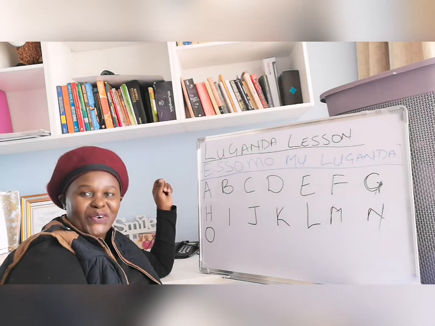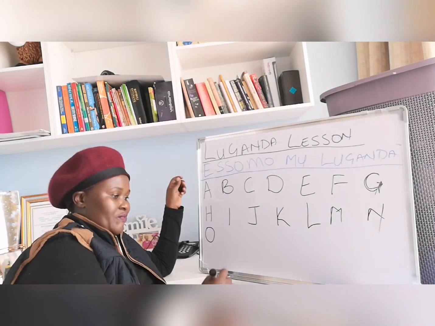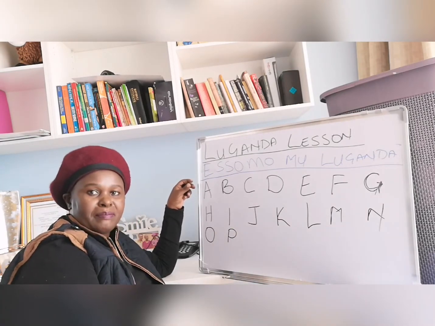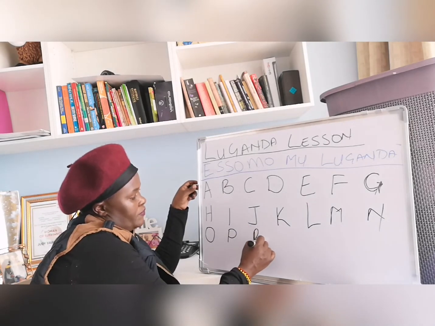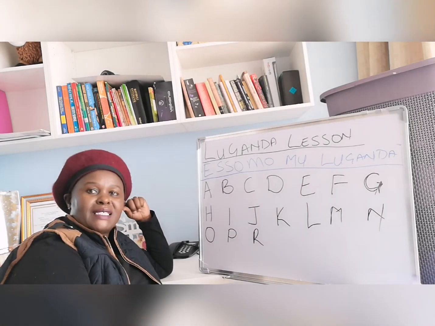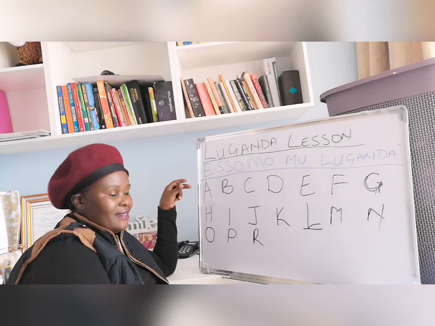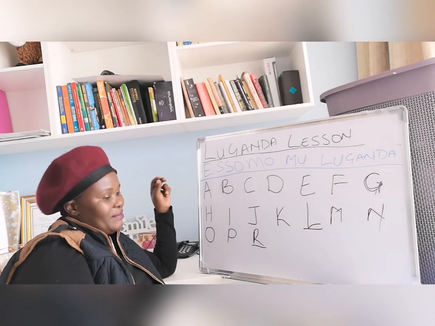O is still O. Even in Luganda we say O. P, Pa. R is Ra. L is La. R is Ra.